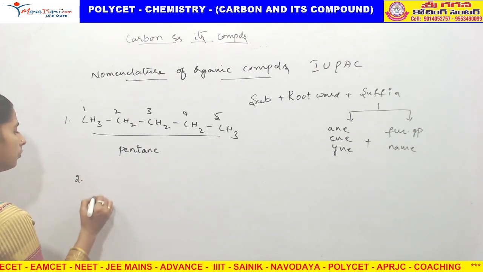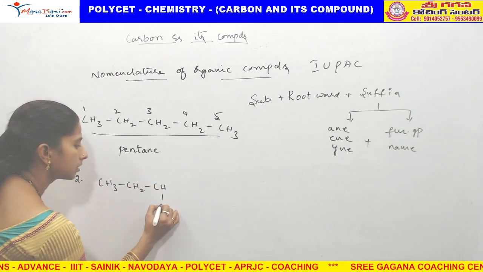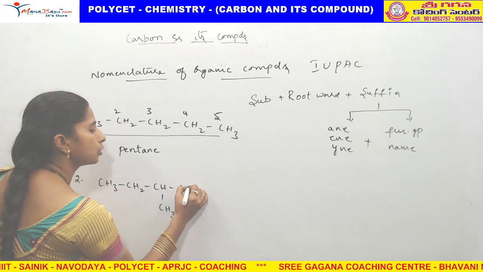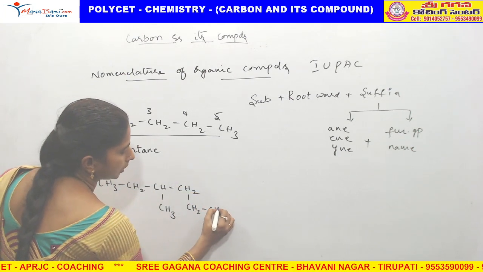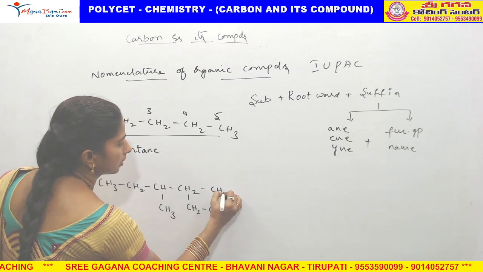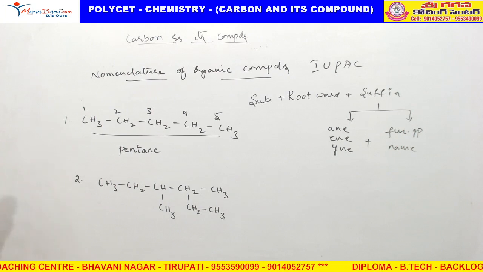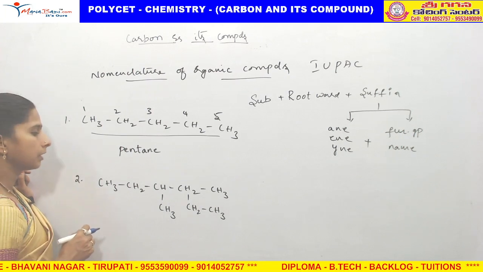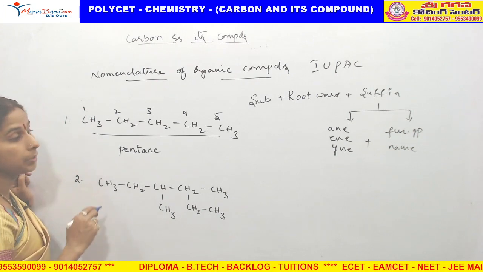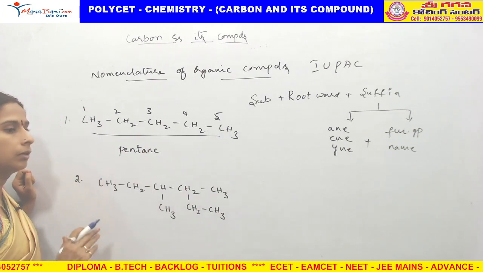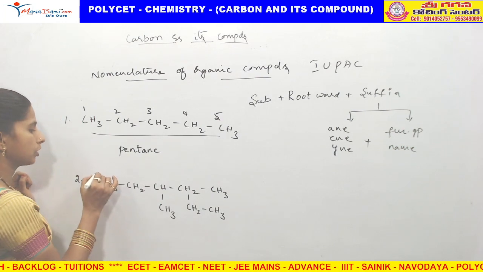Another example, CH3 CH2 CH CH3 CH2 CH2 CH3 CH3. This one. Now you can select the long carbon chain. Here, long carbon chain need not be in a straight line. It may be with connections, in any position.